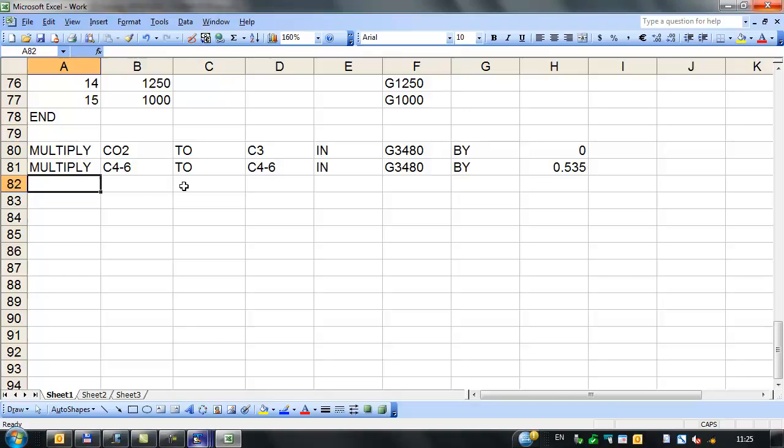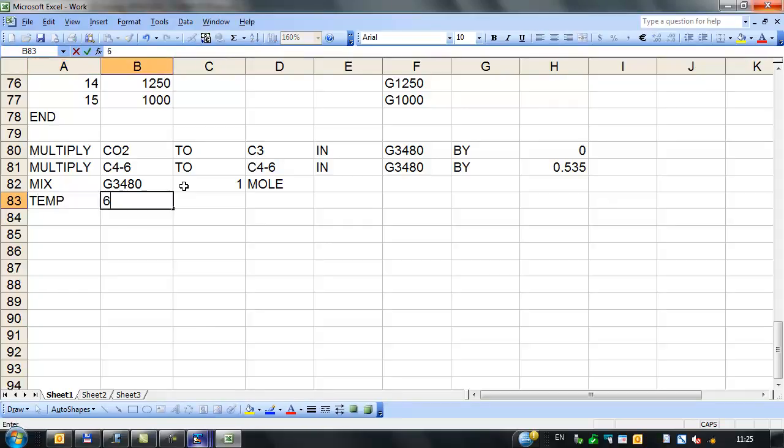So now if we just do mix G3480, it'll create 1 mole of that. It'll just normalize it. And then we can set up a temperature, 60 Fahrenheit, pressure 1 atmosphere, and then just do a flash.